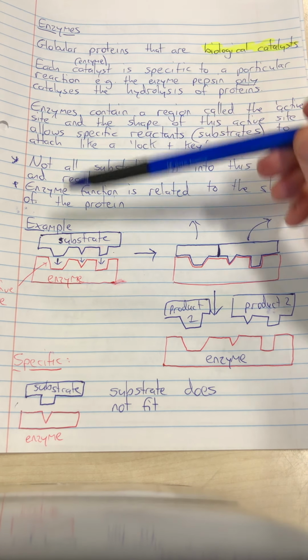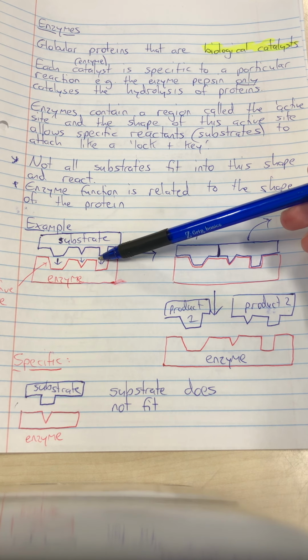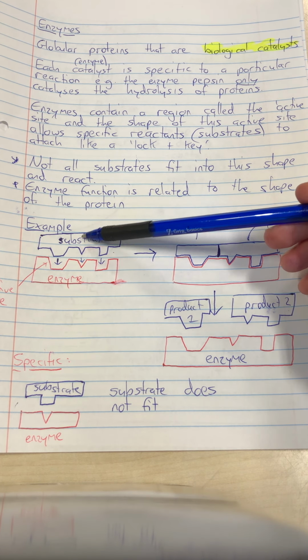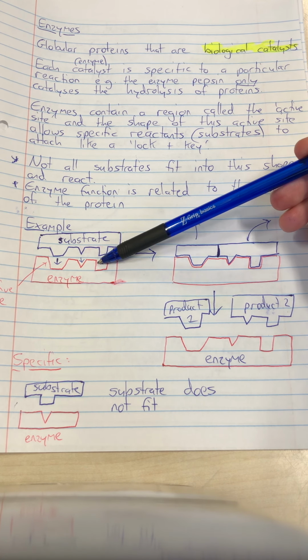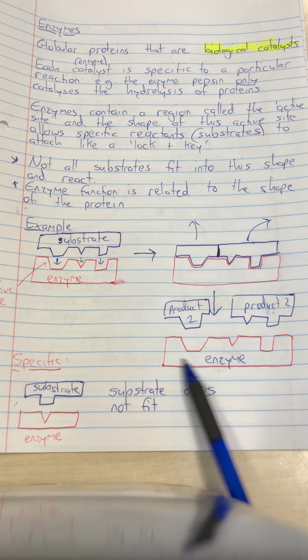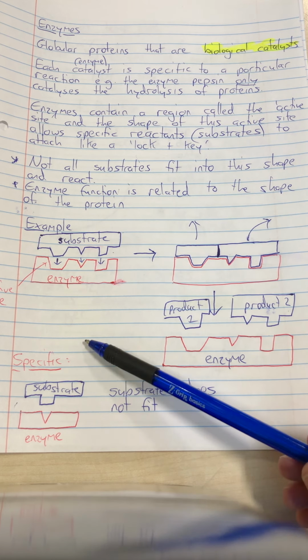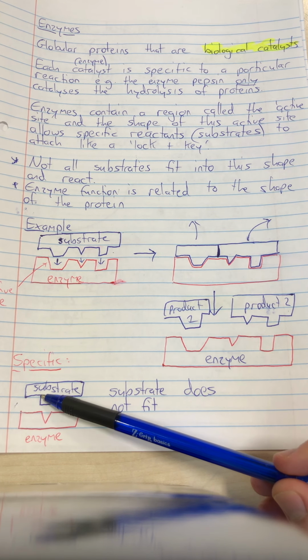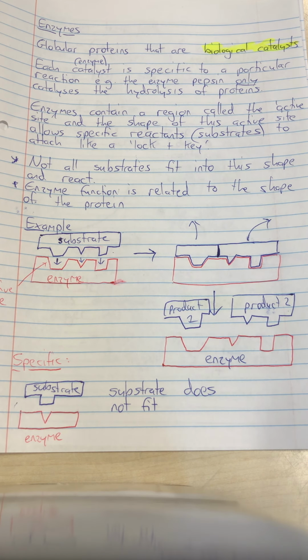All enzymes contain an active site, and that allows the substrate to fit in, hence the term lock and key. You can break up, hydrolyze molecules, and what's important also is that the enzyme doesn't change, it remains the same. Specific in that you have to have the right shape. The enzyme has to have the correct active site, otherwise the substrate won't fit.